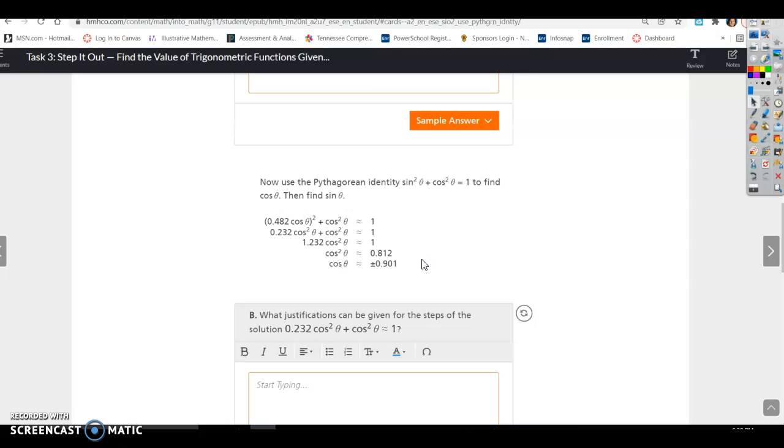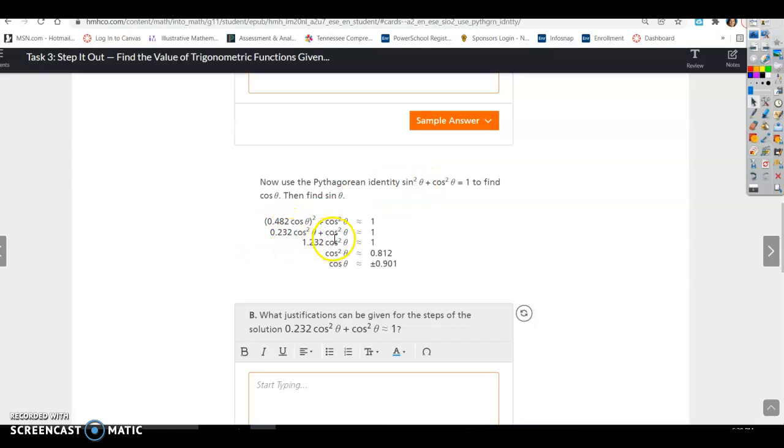All right, so it says what justifications can be given for the steps of the solution, this plus this equals 1. All right, so I just kind of went through that explanation, so I feel like I did that. All we did was take the Pythagorean identity. We substituted what we solved for earlier, we substituted cosine in place of sine because we rewrote it a little bit earlier.